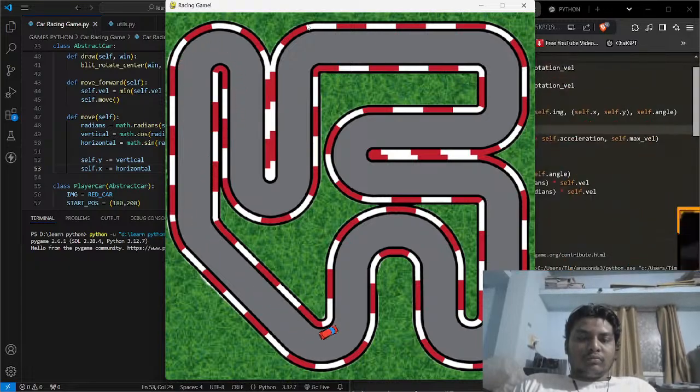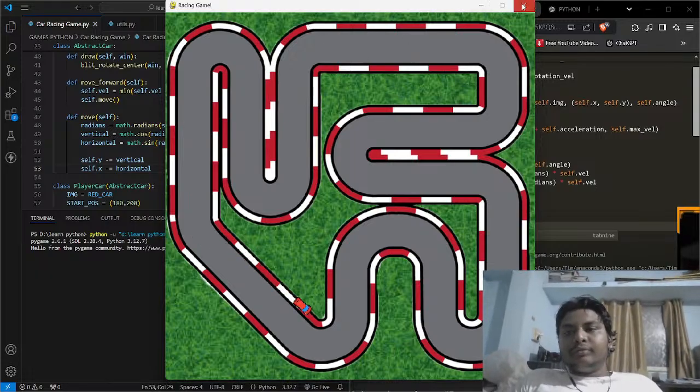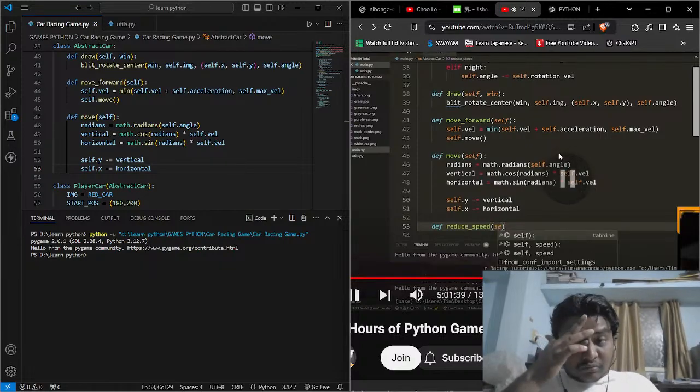So we're going to implement a method here on our car, and we're going to call this reduce underscore speed.